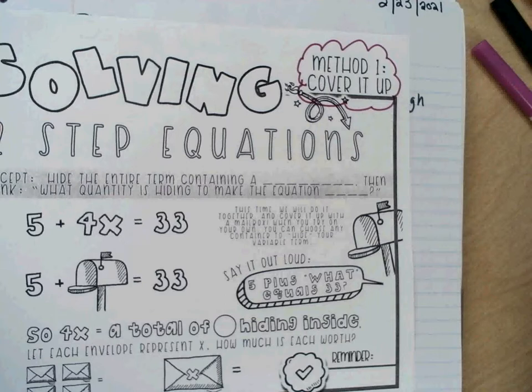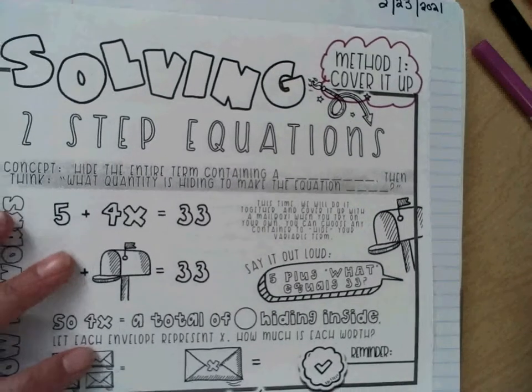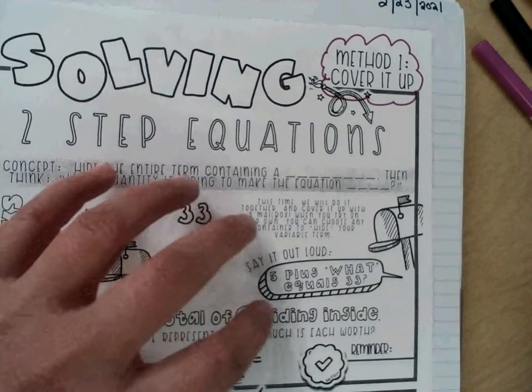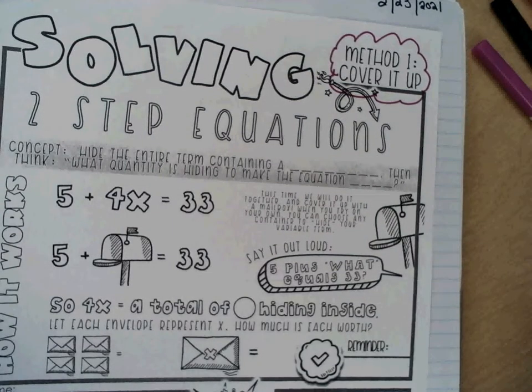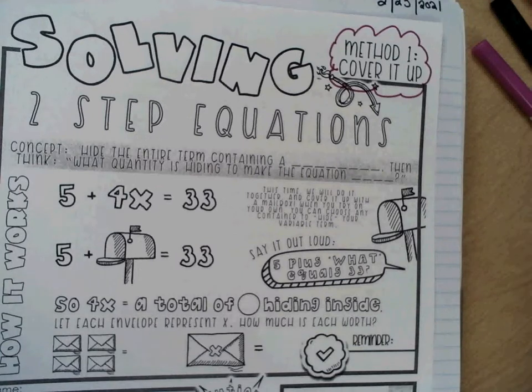This is not the way that I suggest that you get accustomed to using, mostly because as you move through junior high and high school and you start solving linear equations and there's fractions and things like that involved, this method doesn't exactly work as fluidly as the other one. Okay, but we're still going to go over it because I think it's a handy tool to have in our back pocket.